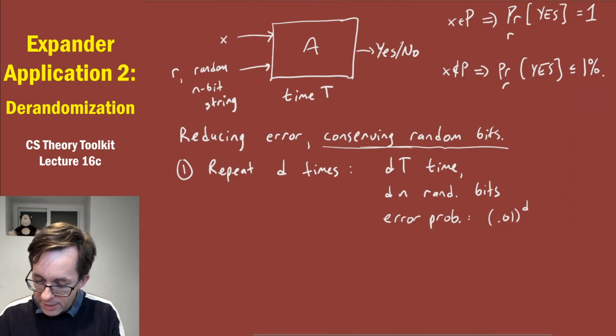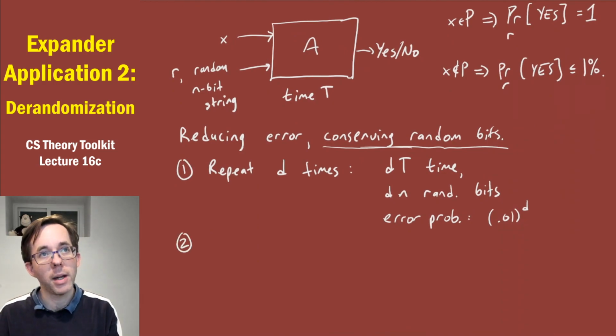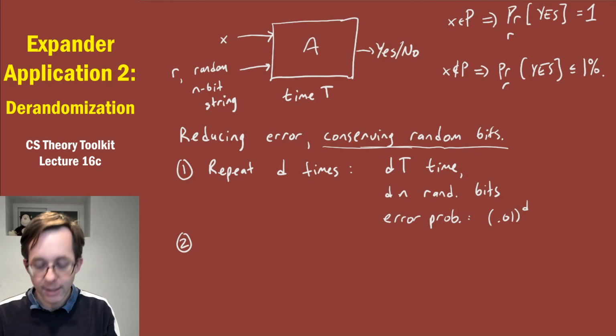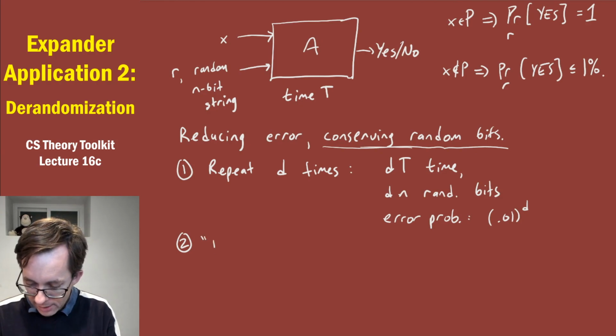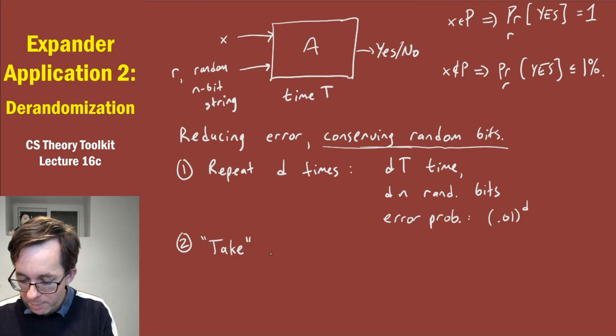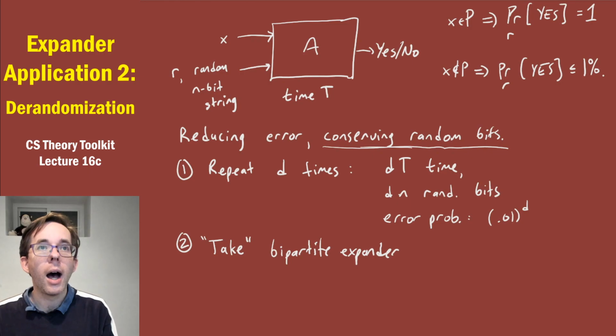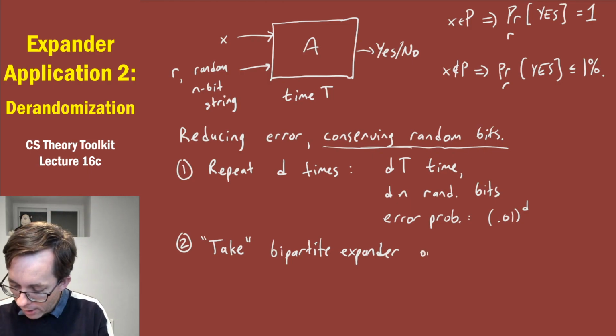So here's the second strategy, which uses fully explicit expander graphs. What we're going to do is take one of these bipartite expanders of the type we've been talking about, but on 2^n plus 2^n vertices.